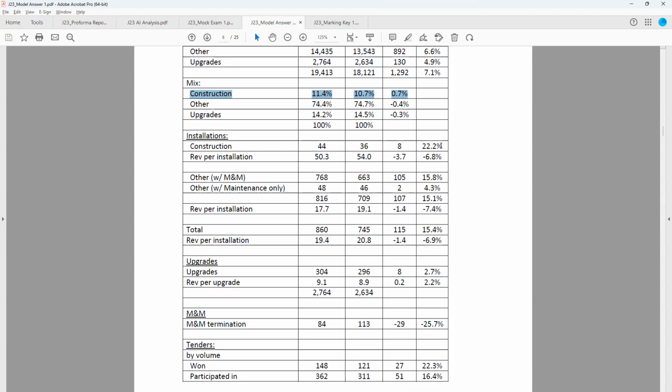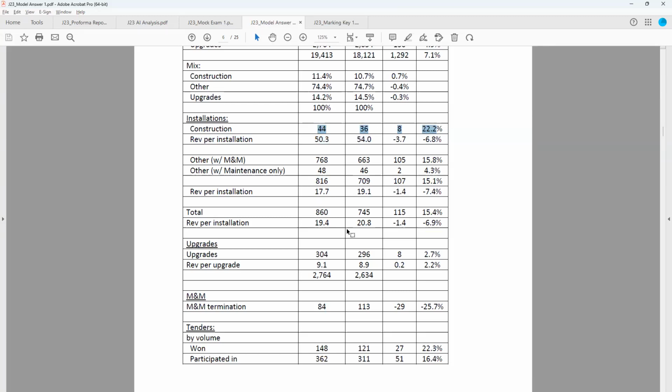You can see with construction, installations have gone up, but interestingly, revenue per installation has actually gone down. And then you can see here with other as well, again, installations up, but revenue per installation down. So it looks great when you look at the volume, but actually revenue per installation has dropped. You can look at that overall as well.